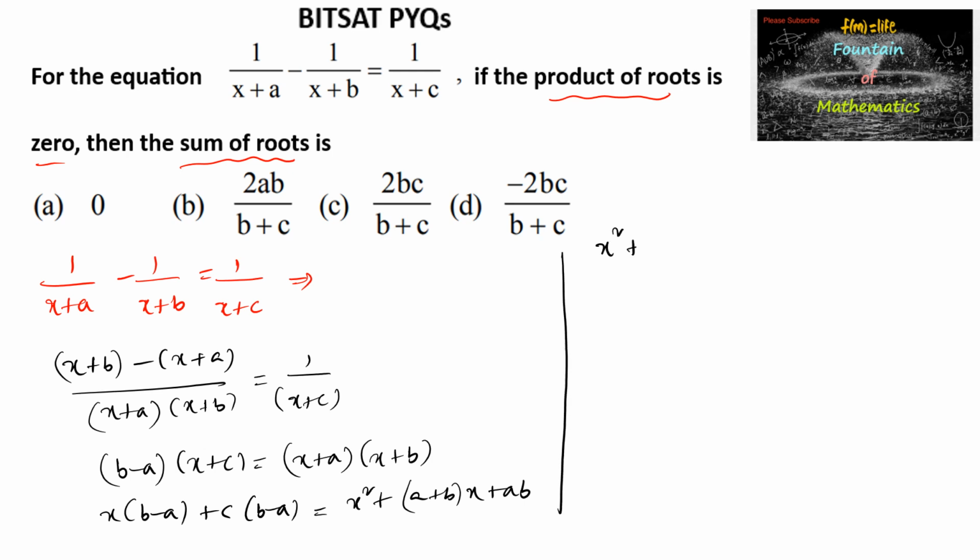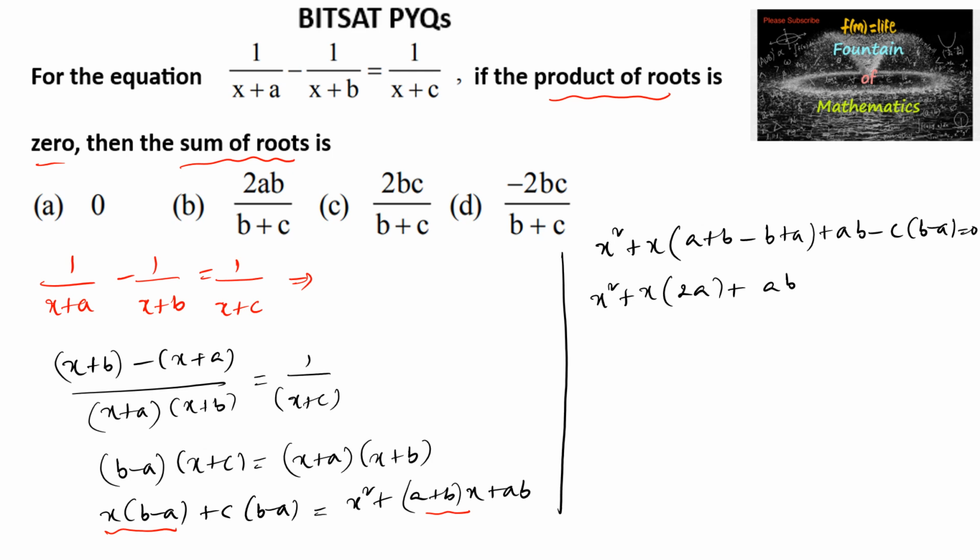This can also be written as x square plus, and here the x coefficient is a plus b minus (b minus a), so we can write x times (a plus b minus b plus a), and again plus ab minus c times (b minus a) is equal to 0. Or we can write x square plus x times 2a plus ab plus ac minus bc is equal to 0.